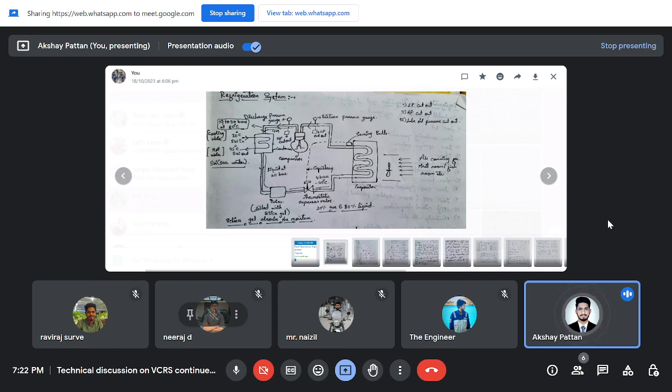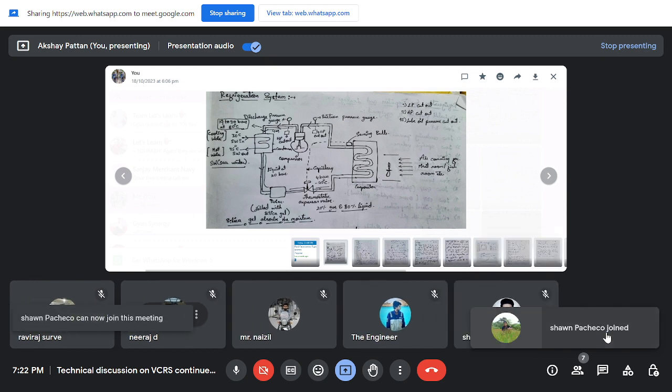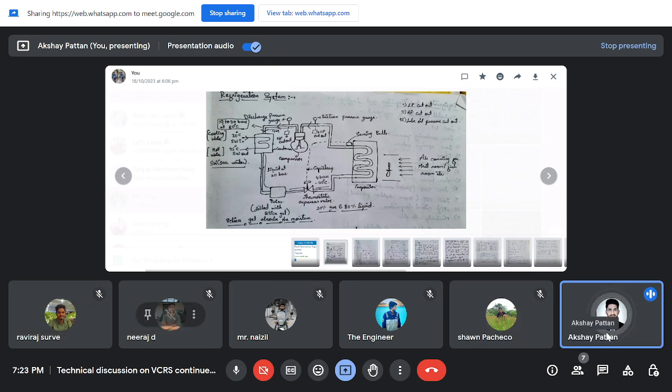Actually, it is an electronically controlled valve, which works on the principle of hydrodynamic pressure. When there is a high pressure in the compressor and the high pressure cutout works, the compressor stops, right? Obviously, when the compressor stops, there is no need for refrigerant to flow to the thermostatic expansion valve.